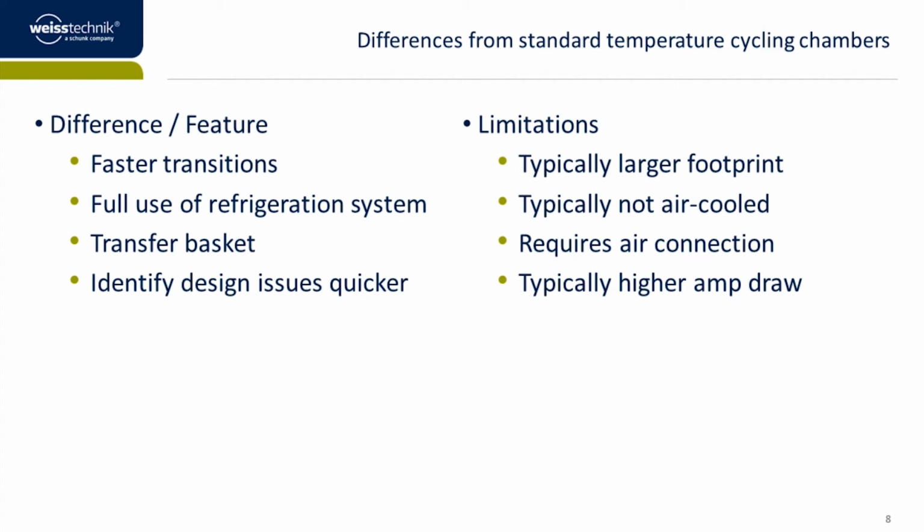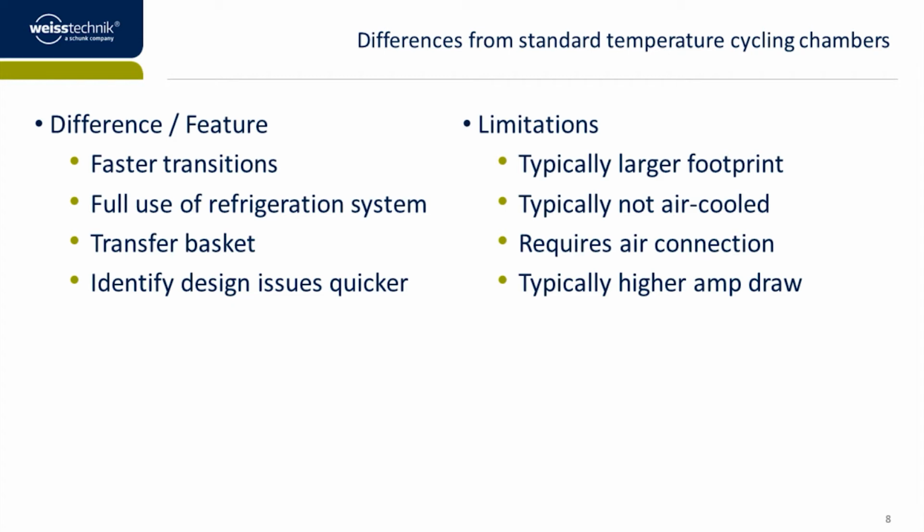The first and probably most obvious feature is that you can get faster transitions on your temperatures. So you have one hot zone and one cold zone, and it's not just the air inside that's hot or cold. We're talking about the liner. The metal liner is all soaked out at the set point temperature. In the cold zone, all the coils are soaked out.